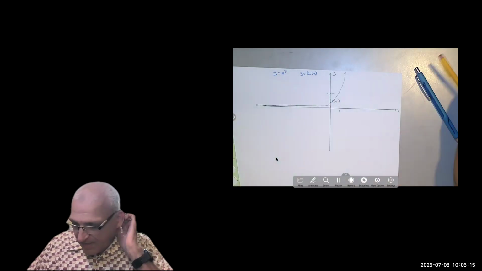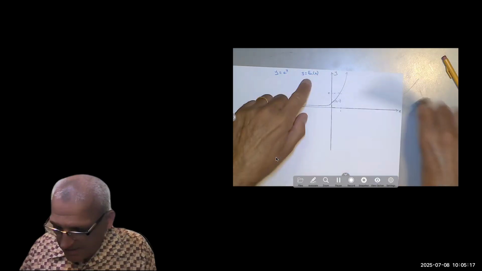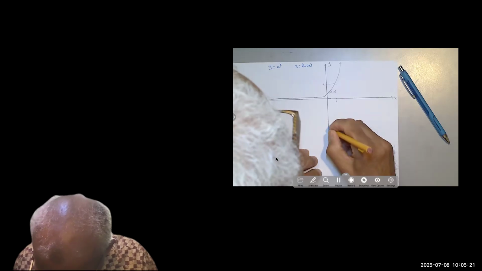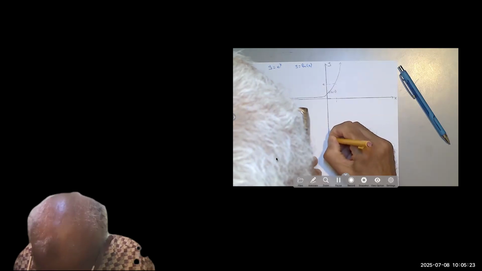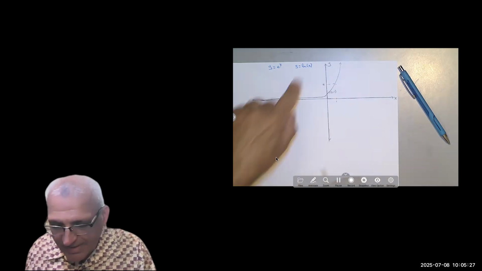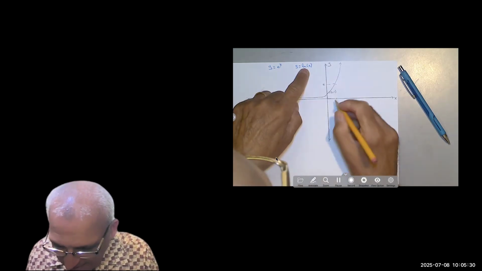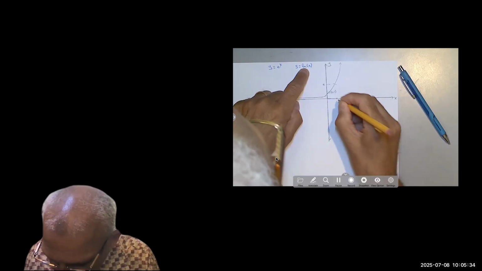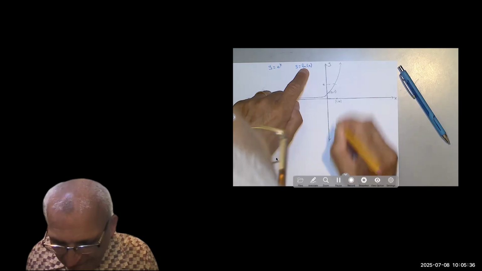So really, the x is only positive, and the function is asymptotic with the y-axis. Natural log of 0 goes to negative infinity. I know that if x is 1, the natural log of 1 is 0. So this point, which is 1 and 0, is on the graph.